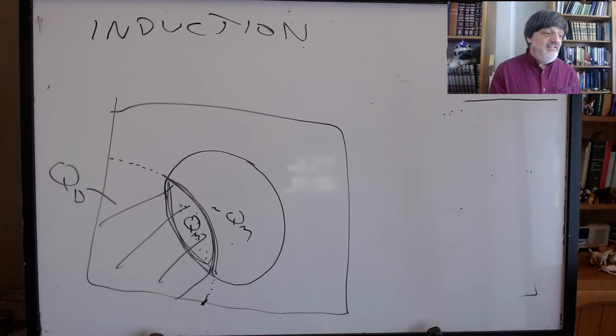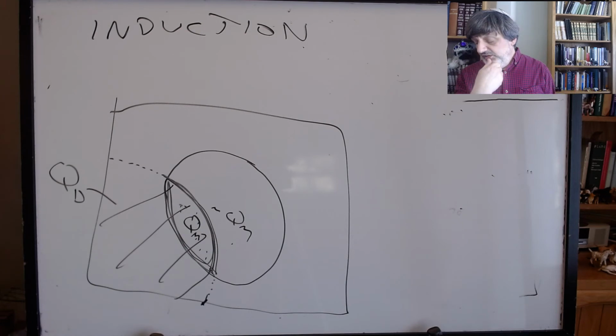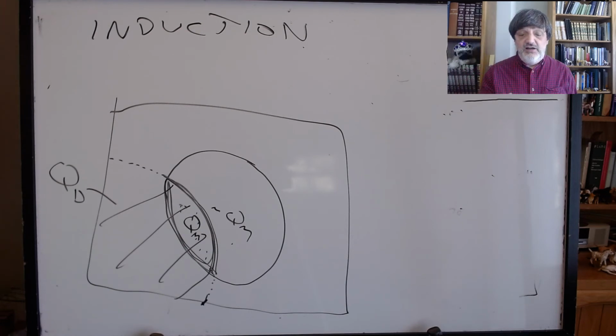Because of course, even for that very piece of copper, it's only a prediction that it will continue to conduct electricity in the future. So, on the basis of these observations, this piece of copper conducted electricity at such and such a time, this piece of copper conducted electricity at such and such a time, how am I justified in making the prediction that in the future, all pieces of copper that are tested will be found to conduct electricity?